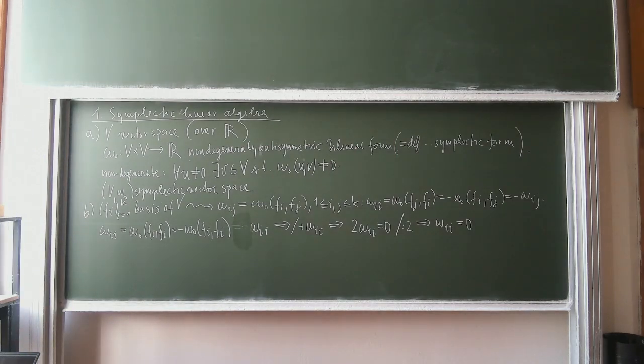So in the case of the field R, the omega ij are antisymmetric and omega ii is 0. There is a notion of a symplectic form for fields other than R, and especially in characteristic 2, you cannot cancel.